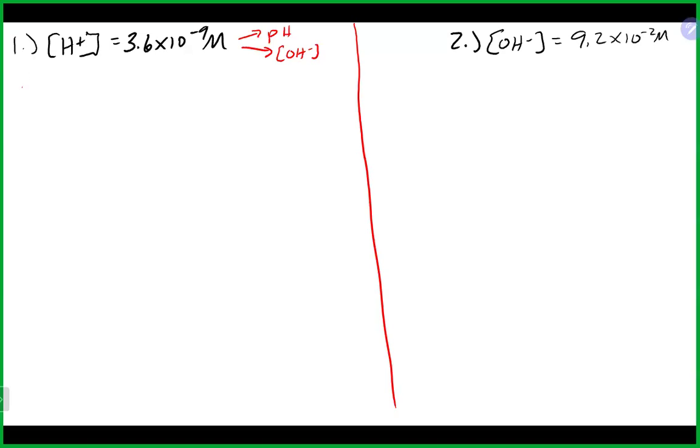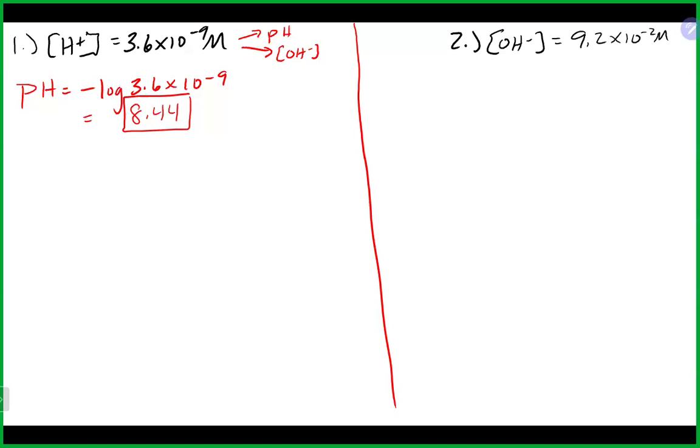I'm going to start with the pH. So the pH here is going to be negative log of my H plus, which is 3.6 times 10 to the minus 9. That is going to give me a pH value here, minus log of 3.6 times 10 to the minus 9. Looks like an 8.44. Now, at this point, I have the pH as well.